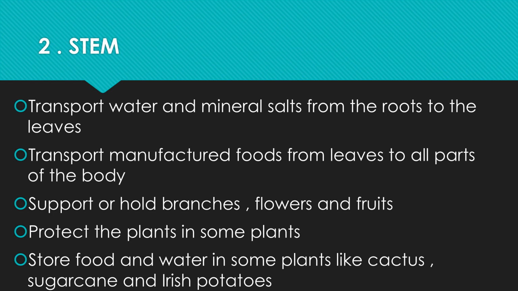Thirdly, the function of stem is to support or hold branches, flowers, and fruits. Fourth, protect the plants in some plants. It is a protection. Fifth, store food and water in some plants like cactus, sugarcane, Irish potatoes.